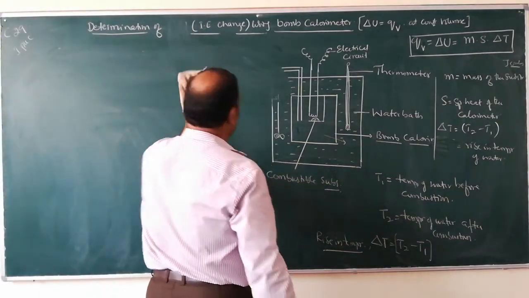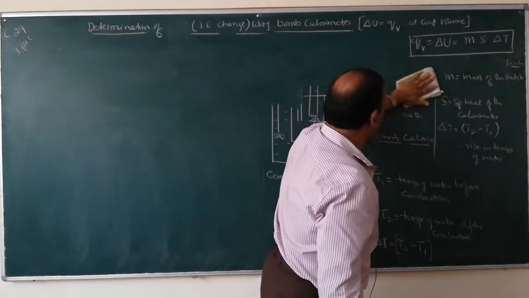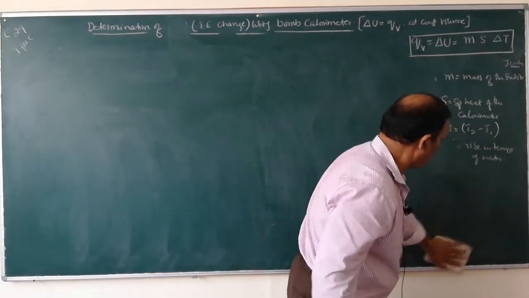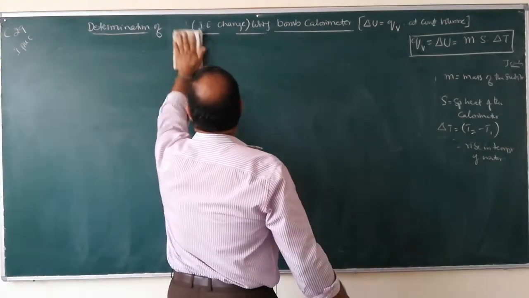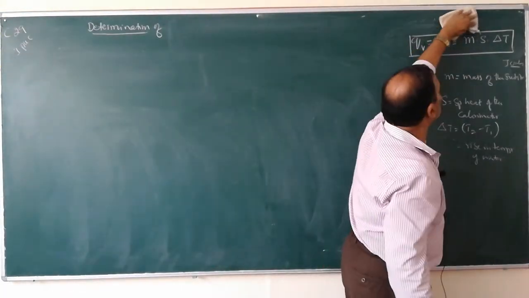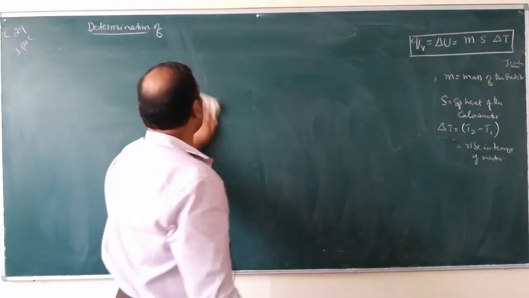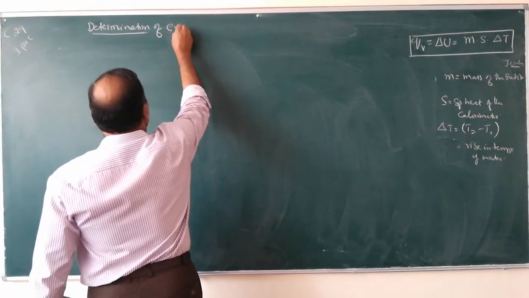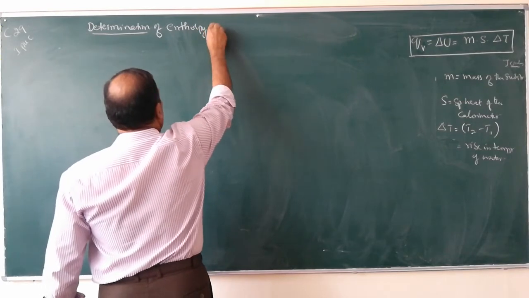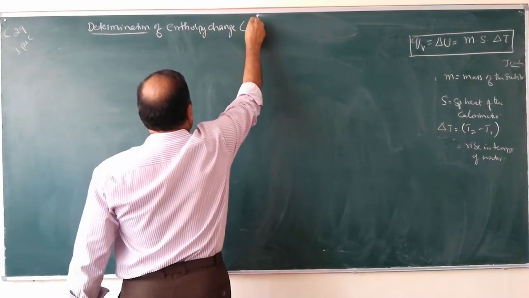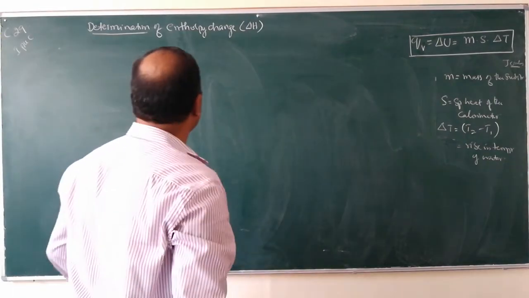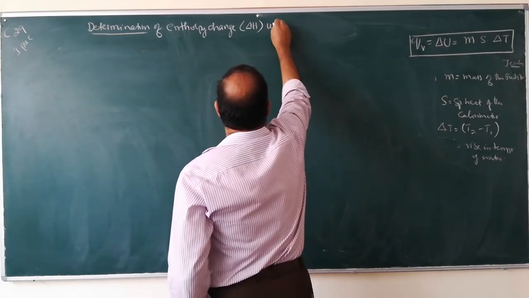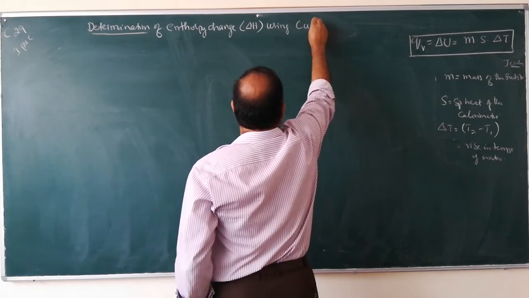So next we will see determination of enthalpy change, denoted as delta H, using cup calorimeter.